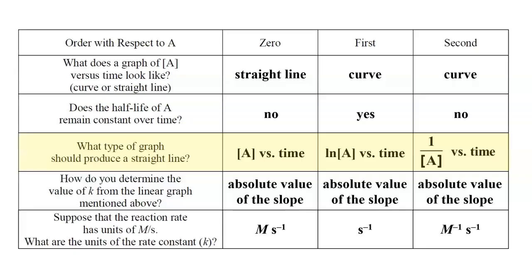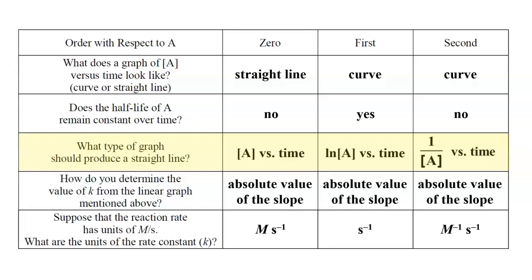So if a concentration versus time relationship is linear, then it obeys zero order kinetics with respect to A. If a plot of natural log of concentration of A versus time is linear, then it would be first order kinetics with respect to A. And if a plot of 1 over the concentration versus time happens to be a linear relationship, it would be second order with respect to A.